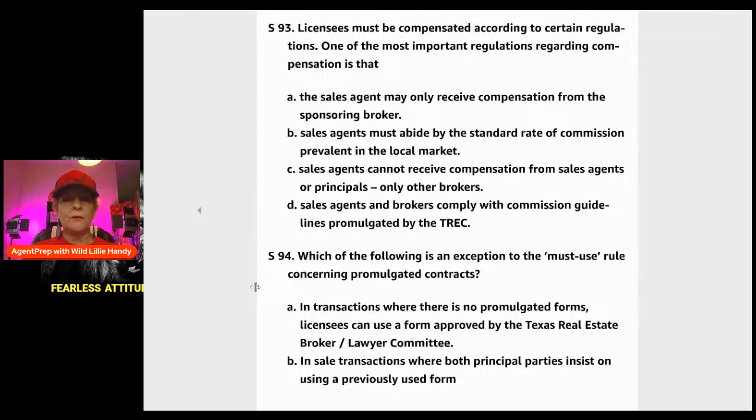So what is one of the important regulations regarding compensation? One of the most important. So look at it, it says licensees must be compensated according to certain regulations.